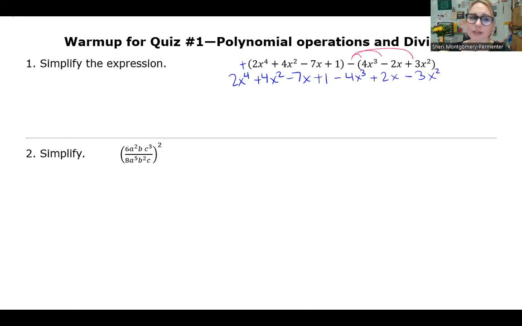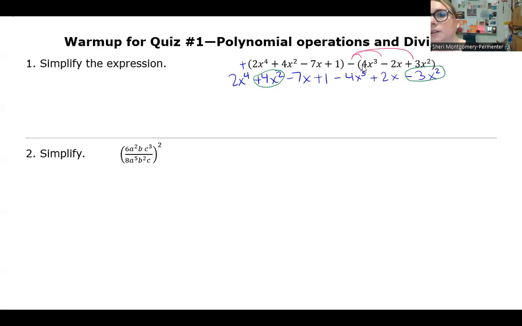Then it's combining like terms. So I'm going to go through here and there's no x to the fourth terms except for this one. I have 2 x squared terms, so I'm going to put those two together. Wait, Ms. Turner, so wouldn't it be positive, positive, then negative?